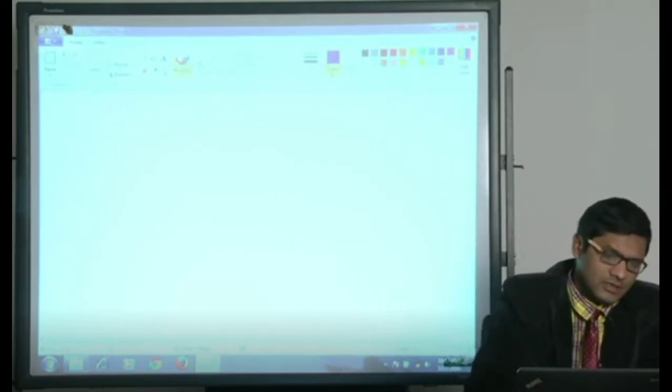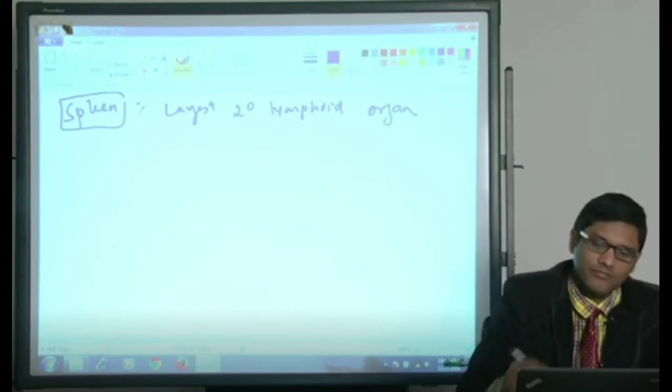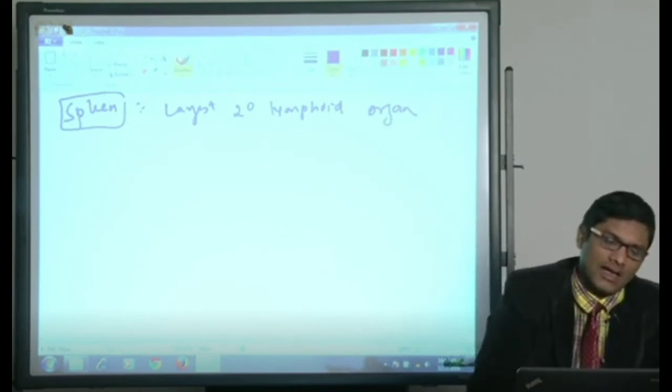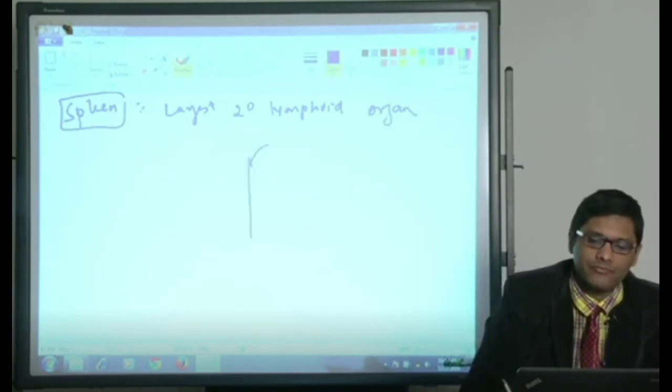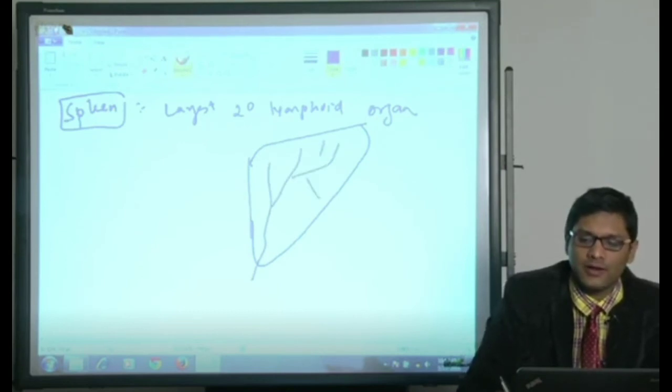Similarly, spleen. Spleen is the largest secondary lymphoid organ. And spleen, as you know, the splenic arterioles will be supplied to various areas of spleen.